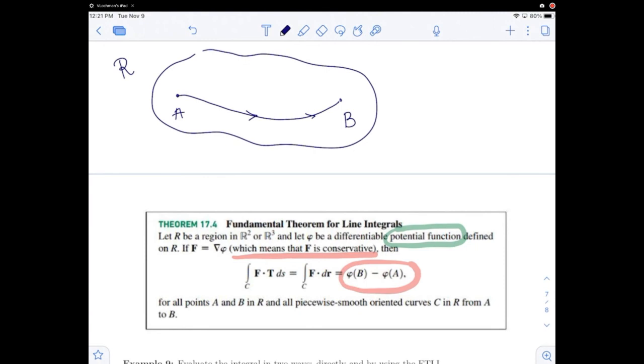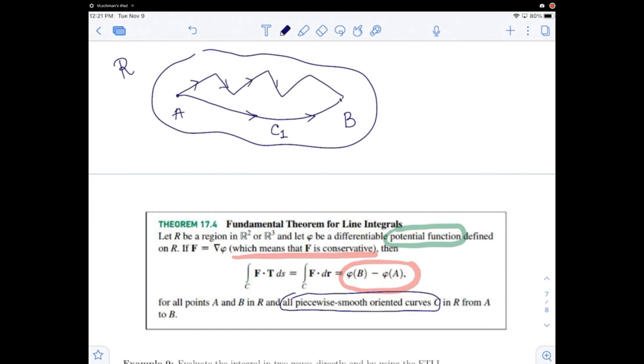So for all points A, B in R, and all smooth oriented curves C that go from A to B, okay, so our curve could look something like that. So let's say this is C1. It could also look something like this. Okay, so let's orient it this way.